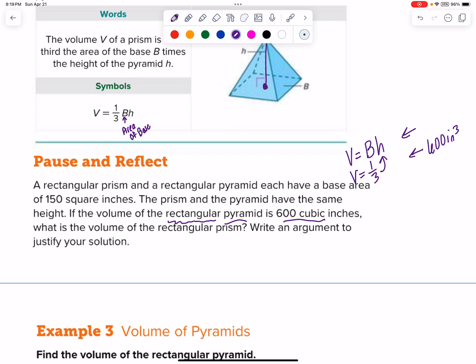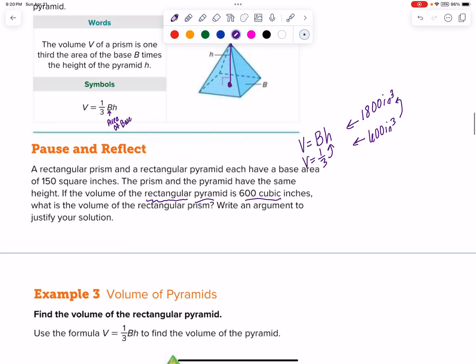Okay, so same area. What's the only difference? Well, the pyramid is a third of the size. So technically, if the pyramid is a third of the size, what should the actual prism be? Well, it should be 3 times that, right? So 3 times 6 is 18 with the 2 zeros, and there we go. So that should be the regular one.